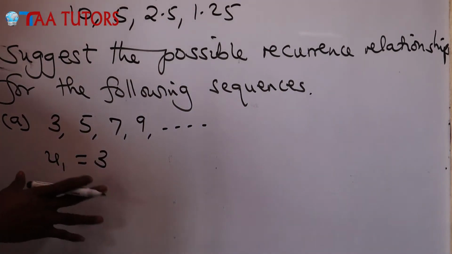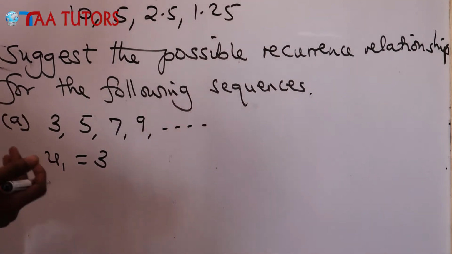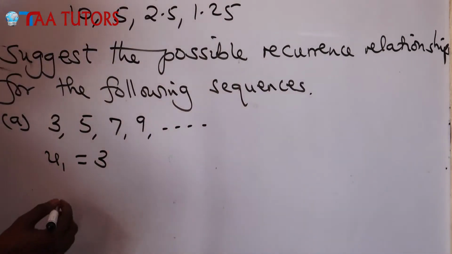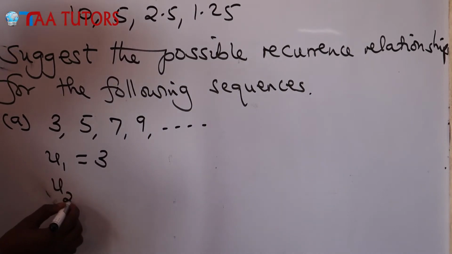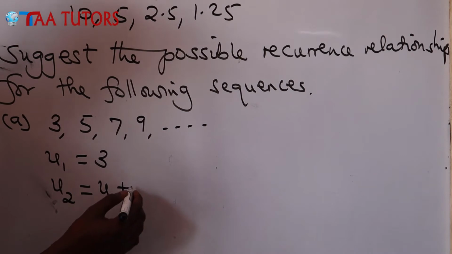If u1 is 3, or the term 1 is 3, or the first term here is 3, what about when I want to get 5? We know that for me to get 5 from the previous one, u2 here will always be u1 plus an unknown number.